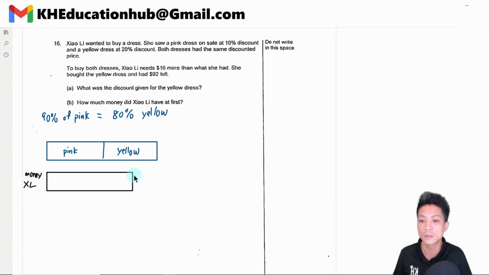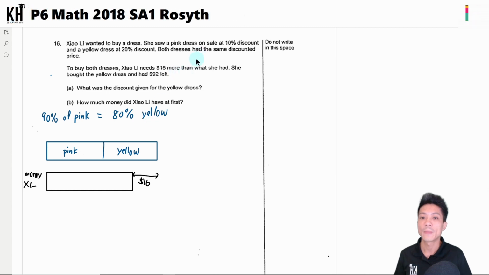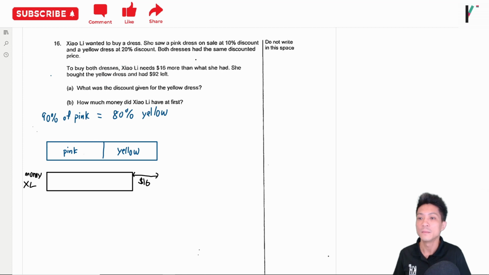So the $16 will be here to here. Okay, so if she had bought the yellow dress, she will have $92 left.